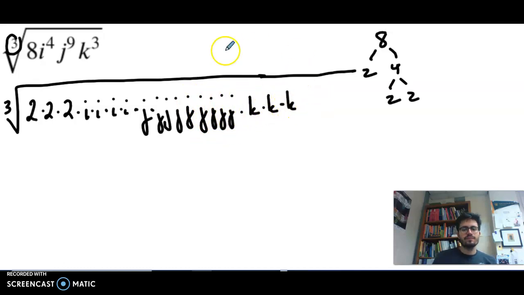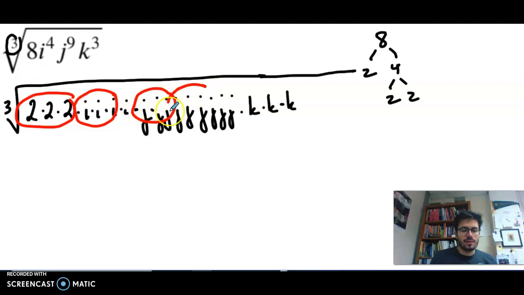Now instead of pairs, it's a cube root. So I need to identify groups of 3. There's 3 2s. I'm just going to circle them for you. Let's go one by one.